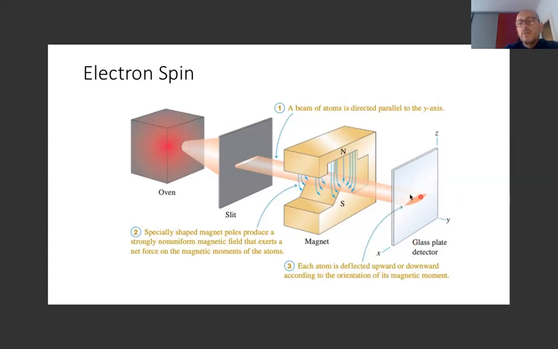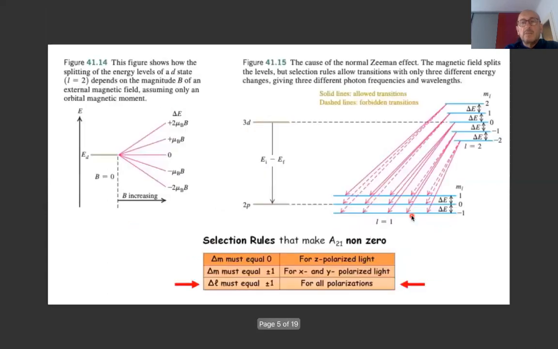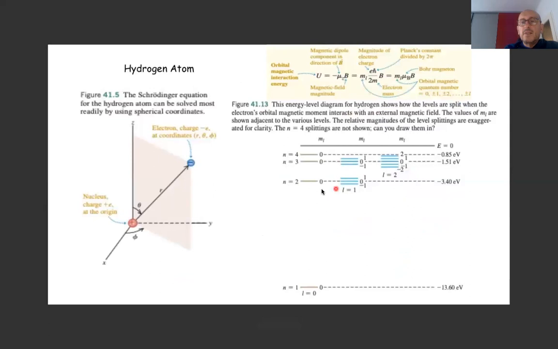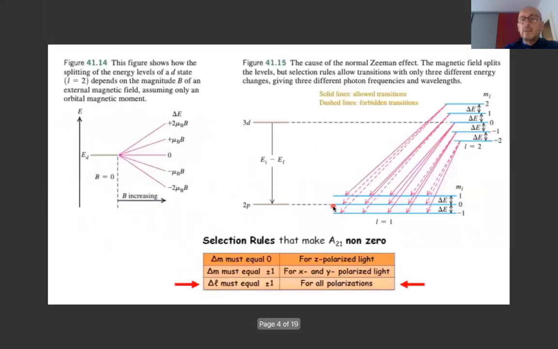What they saw is that, as I'm telling you before, we have a split, no split, which is L equals 0. We see a 3-way split with L equals 1, a 5-way split with L equals 2. So we only see odd numbers of splits in the magnetic moment, okay?